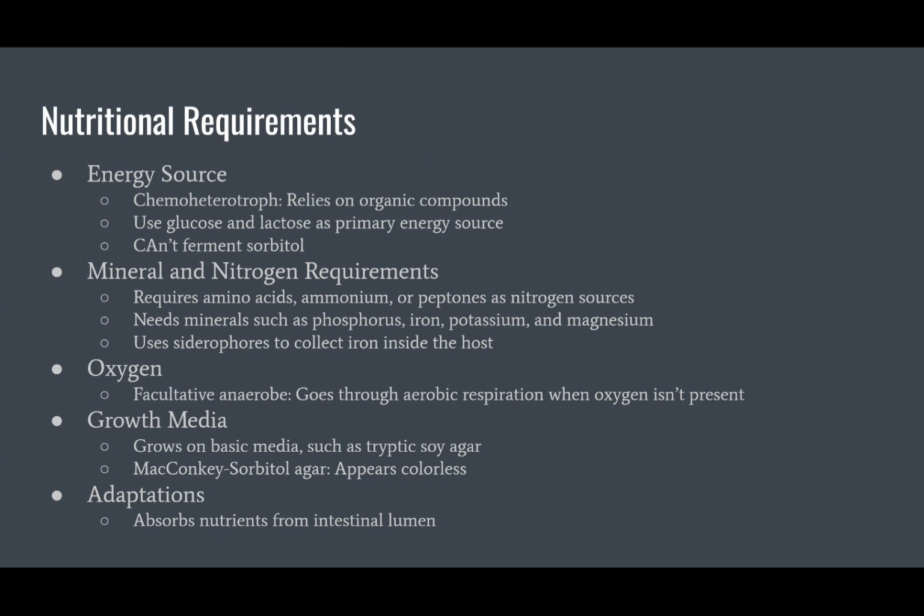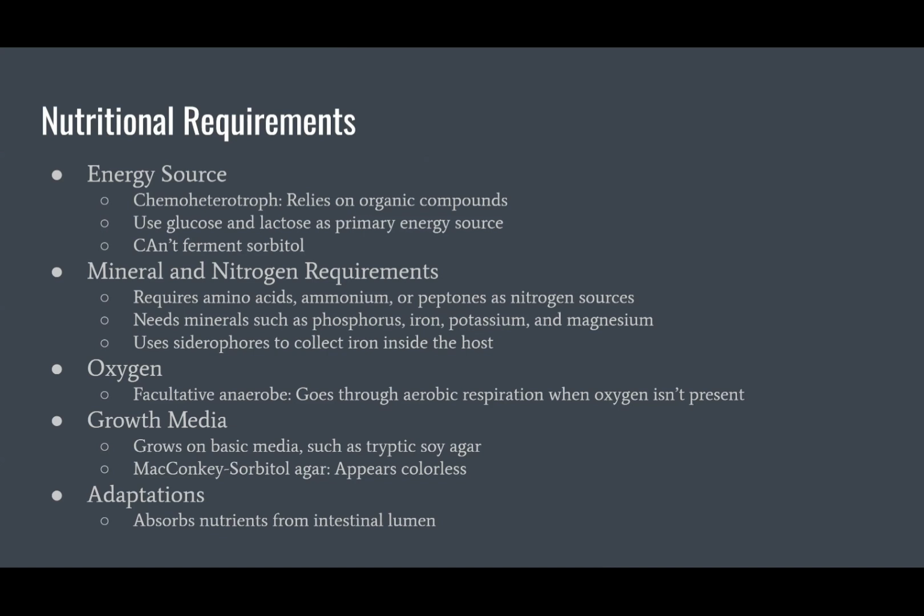It can ferment glucose and lactose, producing acid and gas as byproducts, which aids in basic differentiation from other enterobacteria. Nutritionally, this strain also requires nitrogen sources such as ammonium or amino acids for biosynthesis. It depends on trace minerals like iron, magnesium, potassium, and phosphorus, many of which are essential for enzyme functions and metabolic pathways.